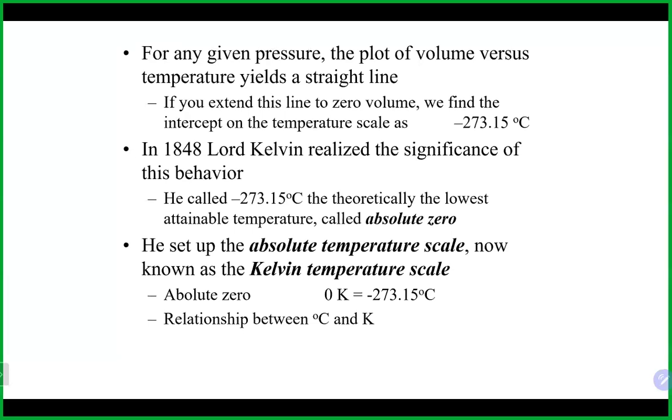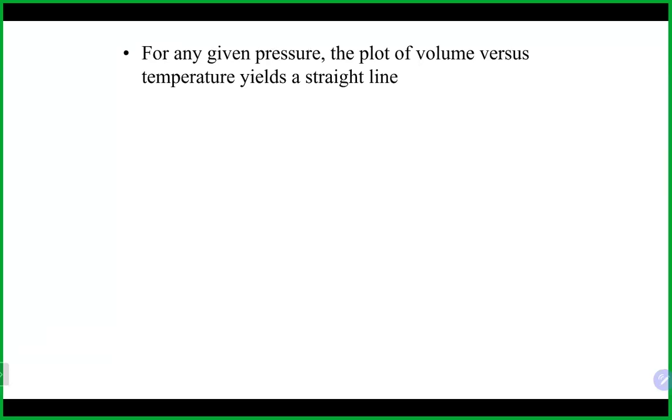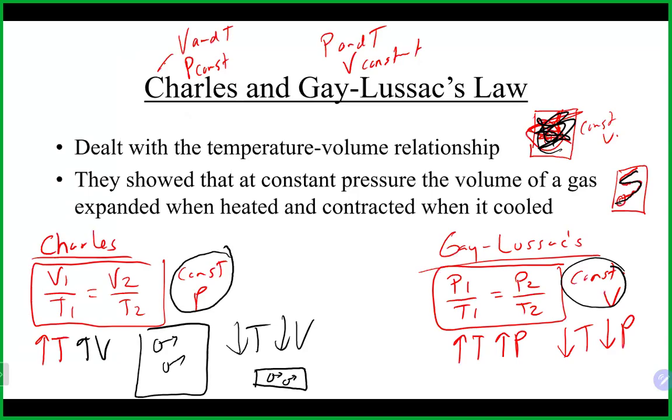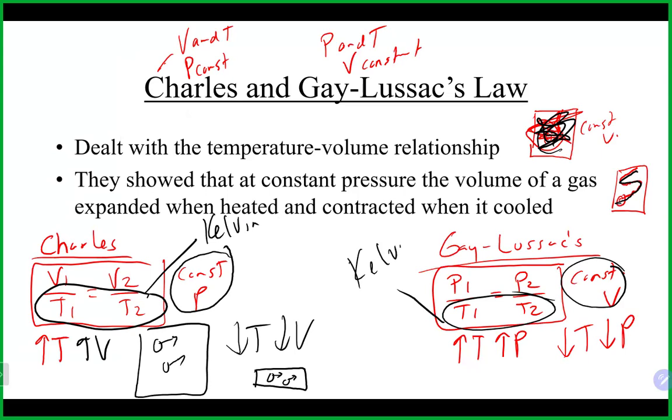So when we look back on our previous slide here, these temperatures need to be in Kelvin. And this temperature needs to be in Kelvin. And pretty much like I mentioned before, if it is a gas law, you got a temperature, you got to put it in Kelvin.